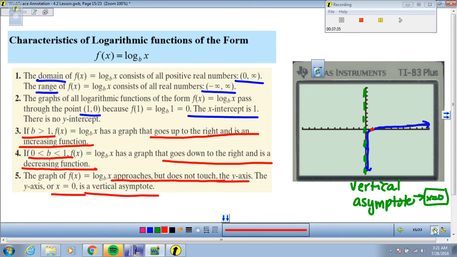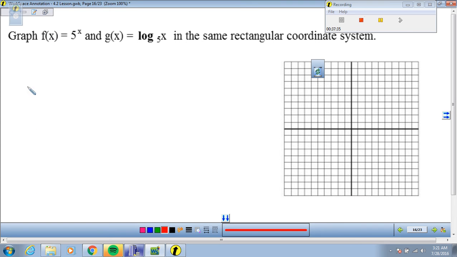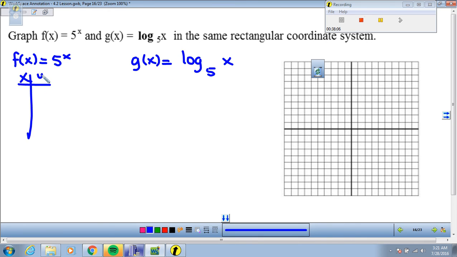So let's see how it goes doing this graph. Graph 5 to the x and the logarithmic function, log of x with base 5, in the same rectangular coordinate system. You already know how to graph an exponential by hand.